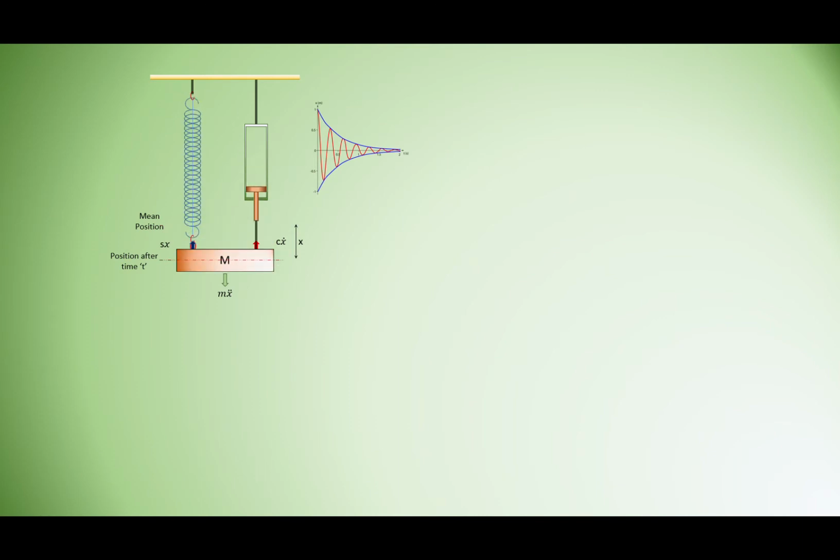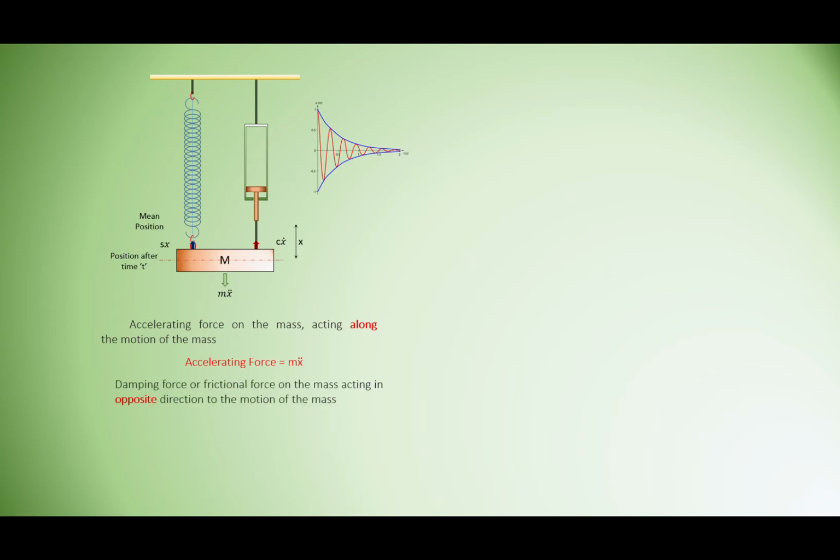So now the accelerating force, or the inertial force acting along the motion of the mass, is m x double dot, that is the acceleration. The damping force, or the frictional force on the mass, acts in the opposite direction to the motion of the mass. C is the damping coefficient, and x dot refers to the velocity.